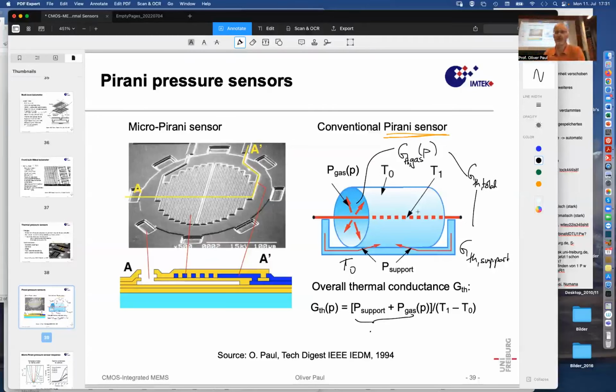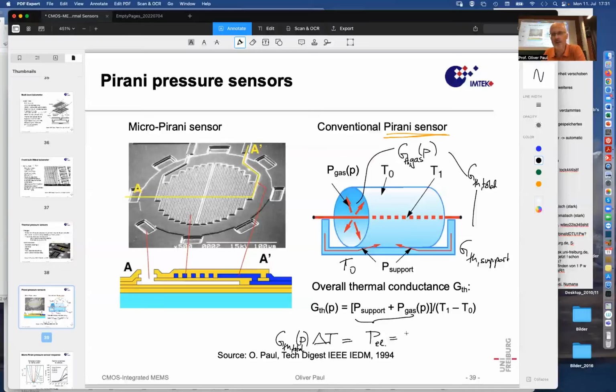And those two together will make the total thermal conductance of that structure, the thermal conductance between the wire and its surrounding. And if I write this down in the way in which you have seen it before, delta T times G_th,total, pressure sensitive, must be equal to the power that is dissipated electrically in the wire.